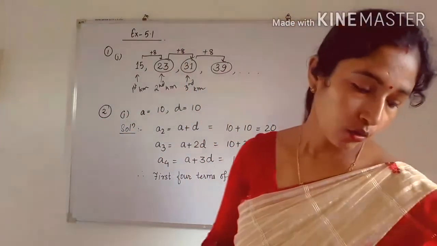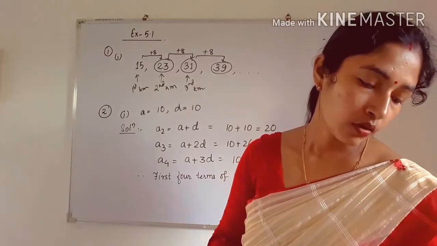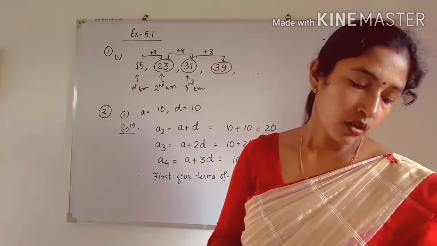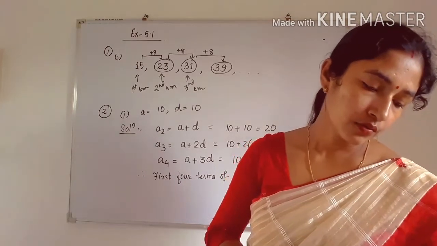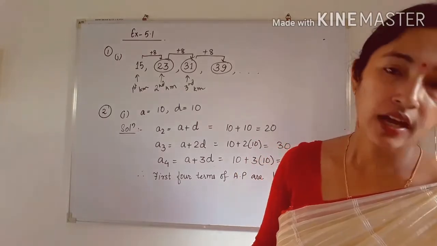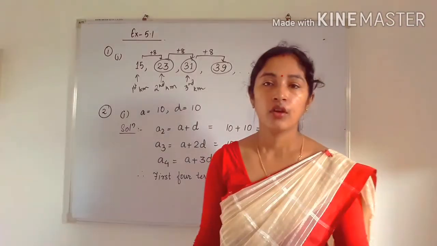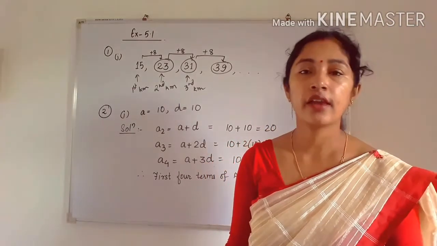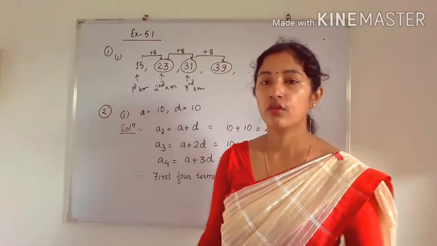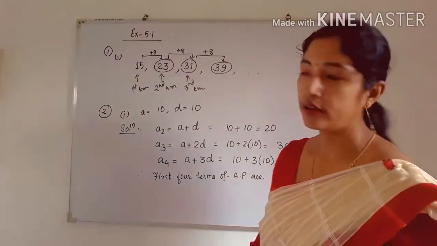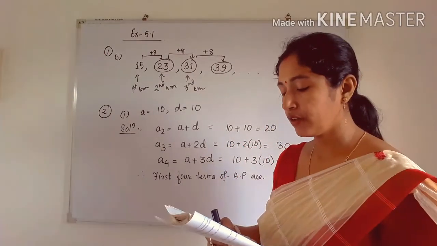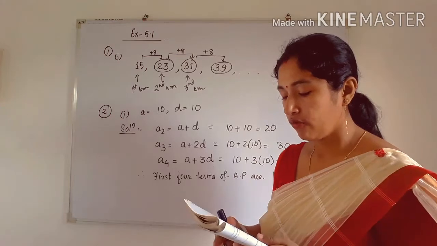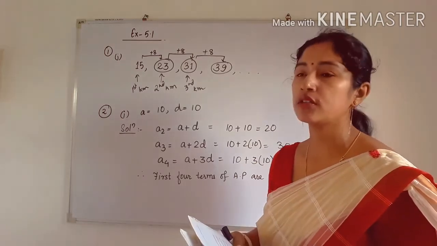So see in question number 1. In this question you have to see, according to the condition given, which of these following make an arithmetic progression. Okay. So I am doing number 1. See what is given. The taxi fare after each kilometer, when the fare is rupees 15 for the first kilometer.